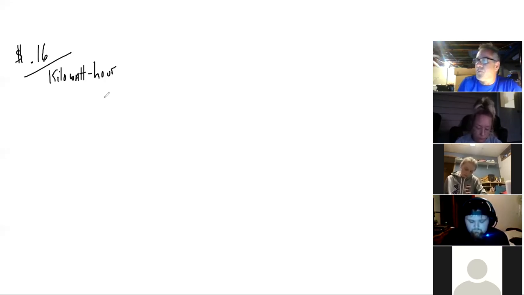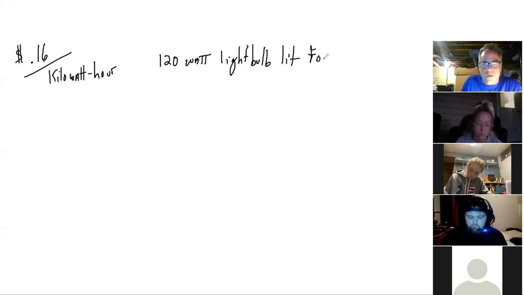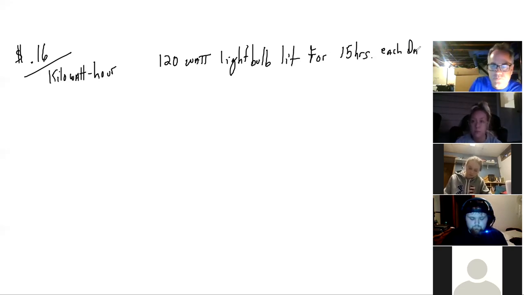What we want to know is what is going to be the daily cost of keeping a 120 watt light bulb lit for 15 hours each day. And that's the first part. And again, if we can get the first part, we'll get the second part.